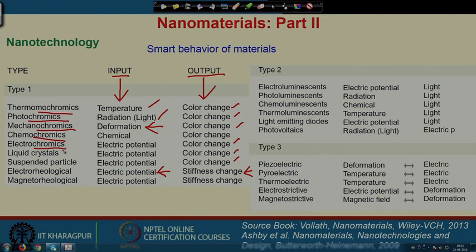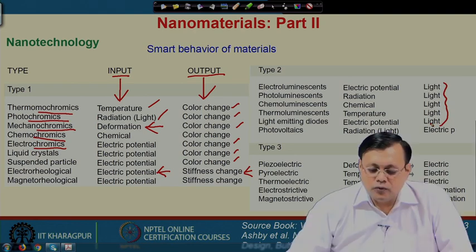On the other hand, there is a large range of material behavior linked with the output of light, meaning it emits light. You must remember what we discussed in the earlier class, that a large range of materials absorb light and then show fluorescence and emit light. However, such light emission may have some time lag from the absorption stage to the emission stage.